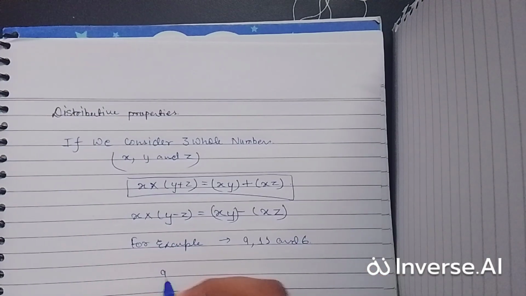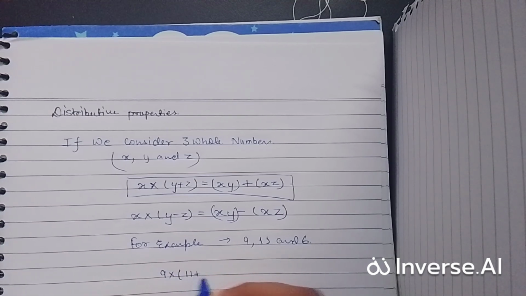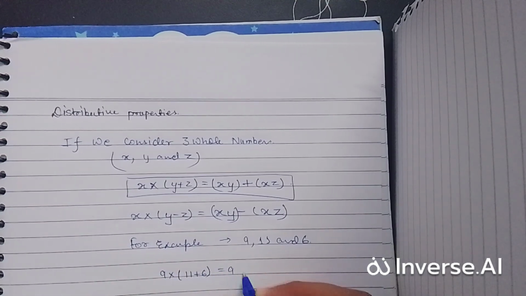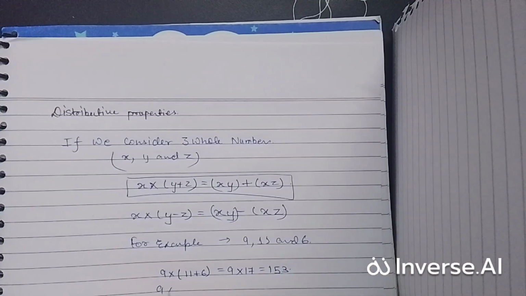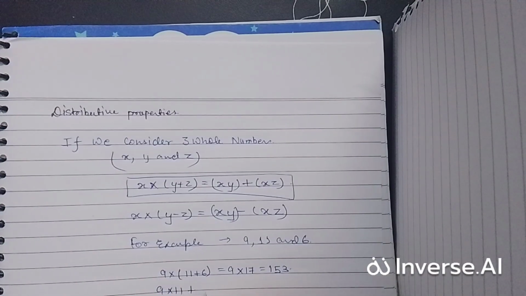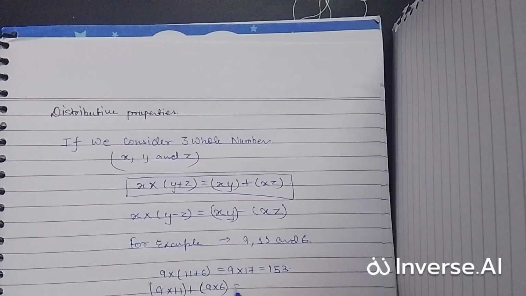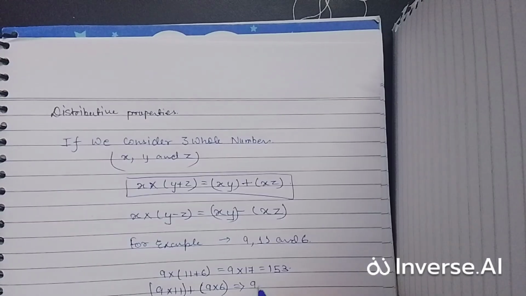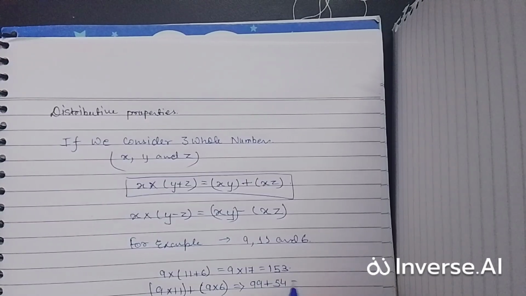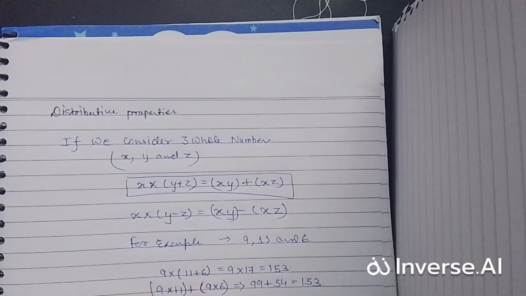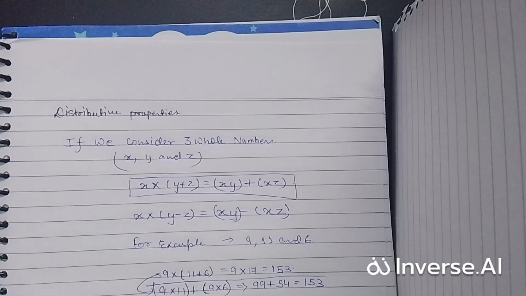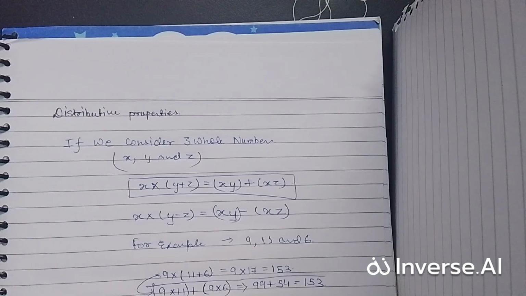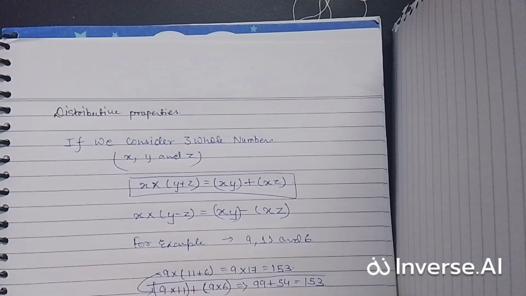So 9 × (11 + 6) = 9 × 17 = 153. 9 × 11 + 9 × 6 = 99 + 54 = 153. Both are the same, only the method differs, and we can do it both ways.